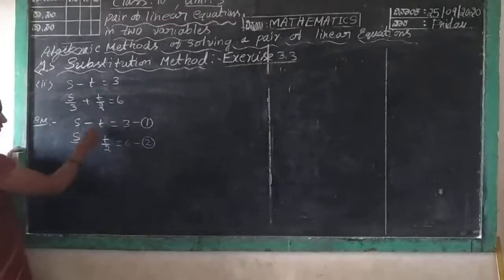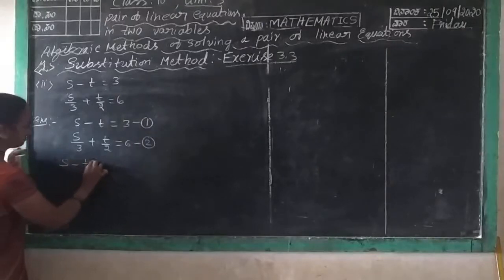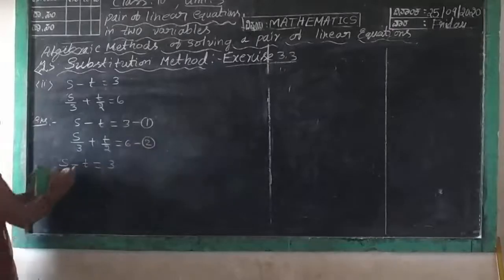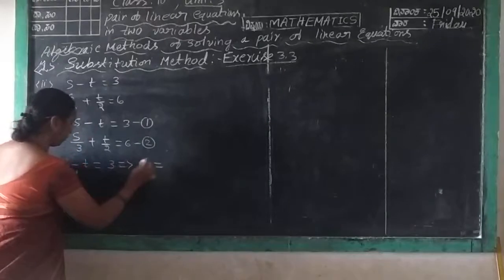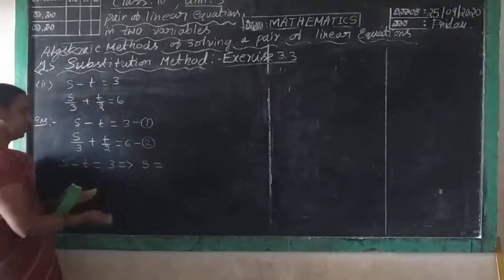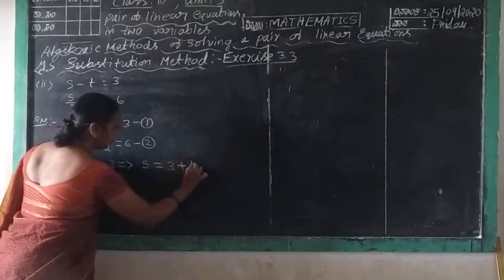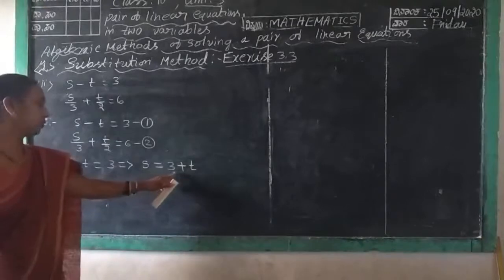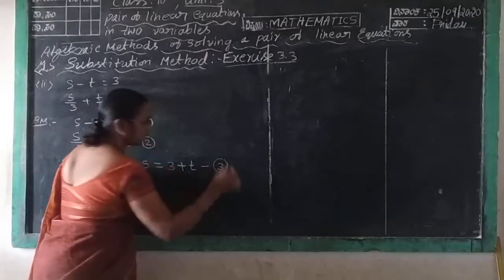Then we take the first equation, and find the s value. S is equal to t; moving minus t to the right side, it changes to plus 3. The value of s we find is s is equal to 3 plus t. It is denoted as equation 3.